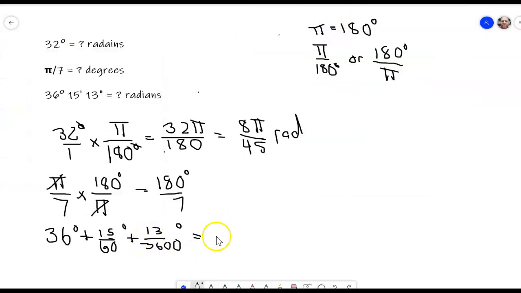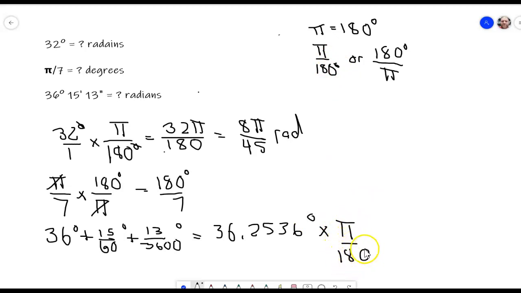We'll go ahead and go out like 4 decimal places here. So this right here is really 36.2536 degrees approximately times, now remember this is degrees, so we need the one with degrees on the bottom, so times pi over 180.